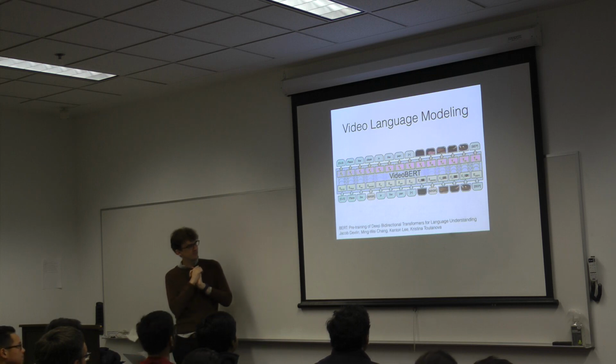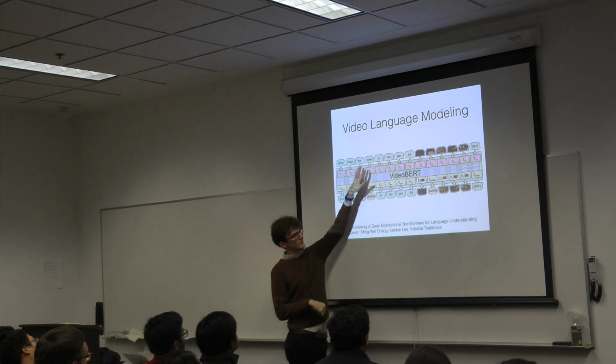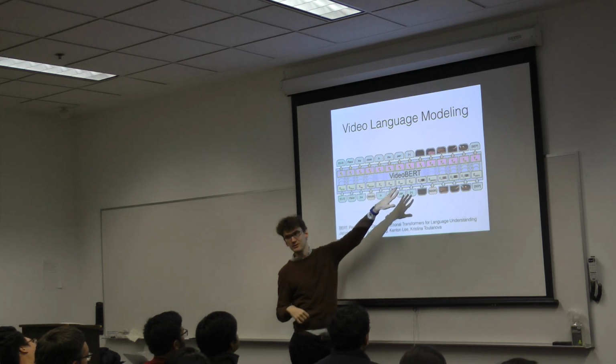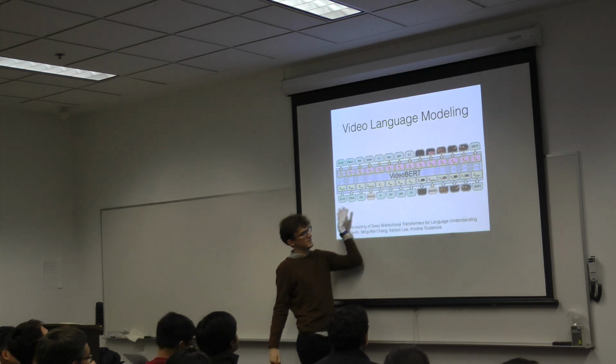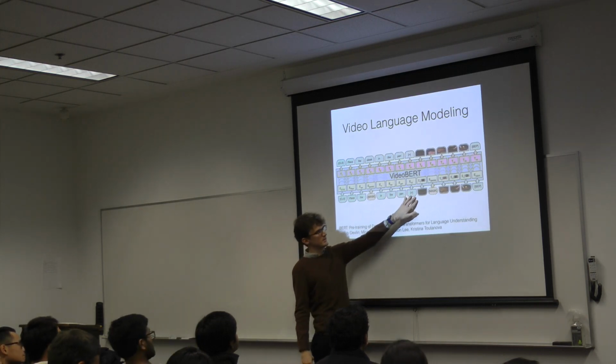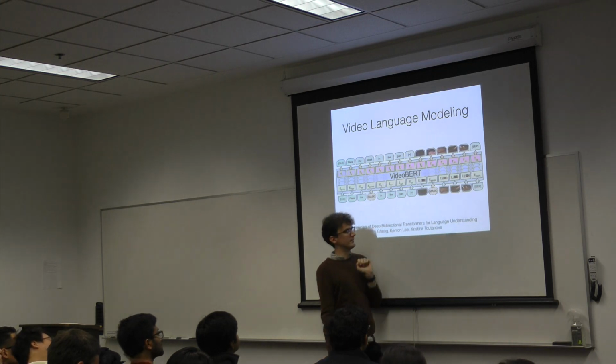Essentially, it's a language model, and we extended BERT to include vision too, where it's trained with the speech that we can extract, and we also have the corresponding frames.